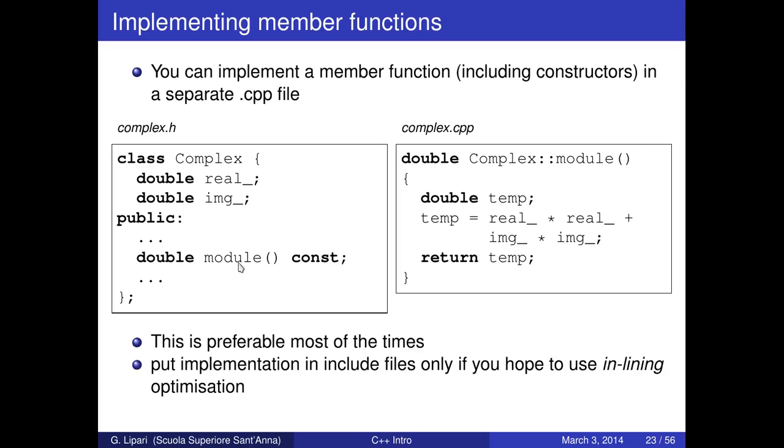Okay? So most of the times this is preferable. You should, when you can, separate implementation from declaration. So interface specification goes in the header file, and the implementation goes into the CPP file. Okay?